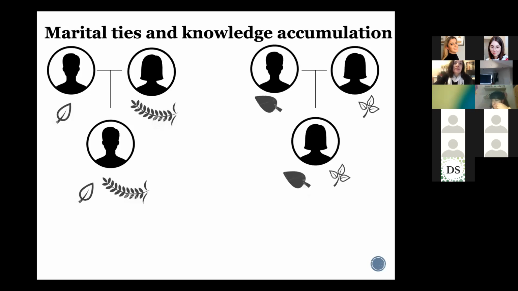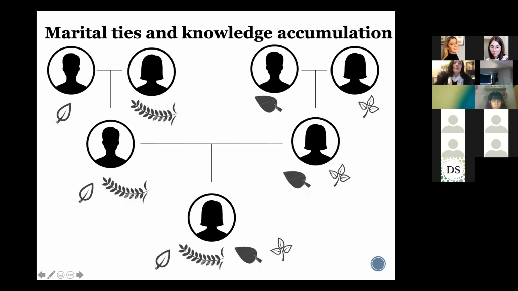And that actually contributes to the diversity of knowledge, because your spouse also inherits that specialized knowledge from their family. And then when you partner up, you have the chance to combine this knowledge from different families.